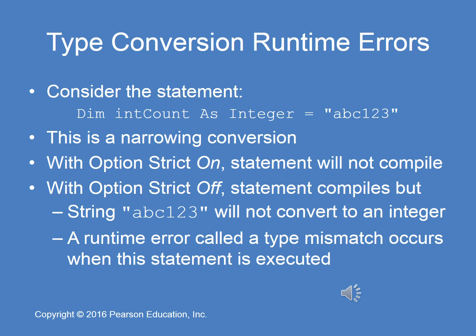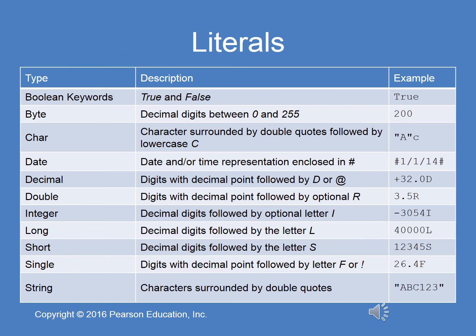If you turn Option Strict Off, the statement compiles, but the string "ABC123" will not convert to an integer, and a runtime error, which is called a mismatch, occurs when this statement is finally executed. This is a bad thing. You don't want to do this, and you want Option Strict On to catch these types of programming errors.